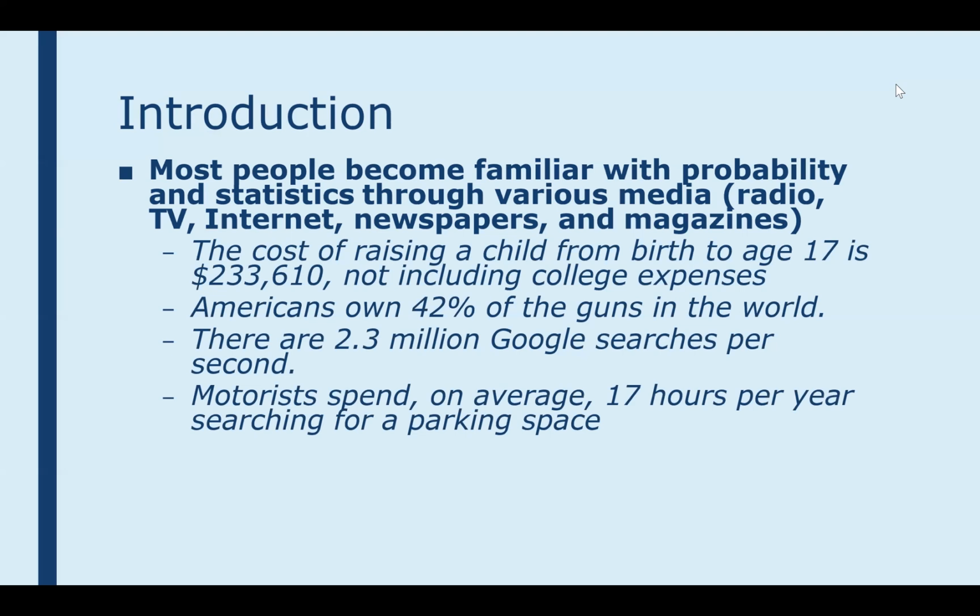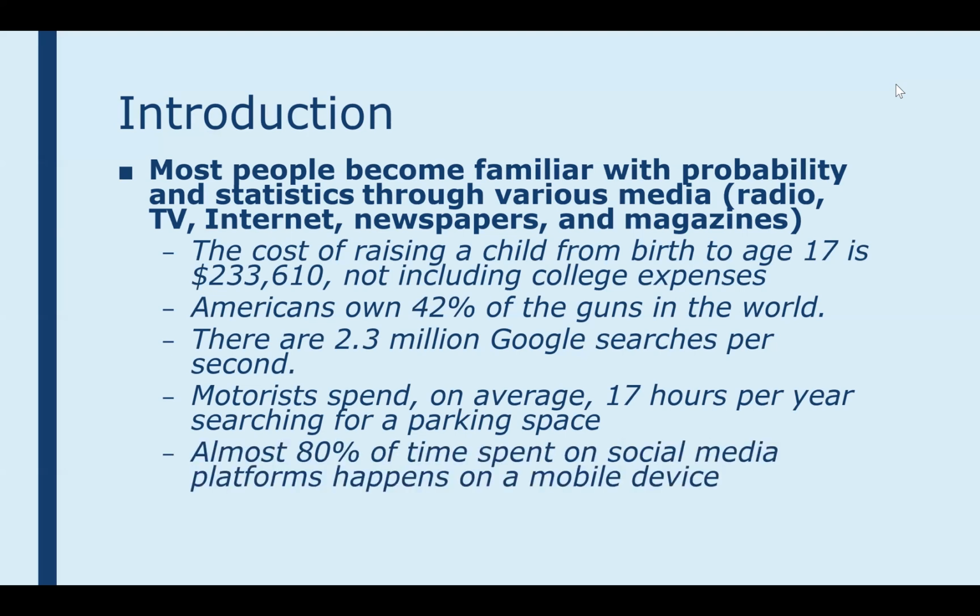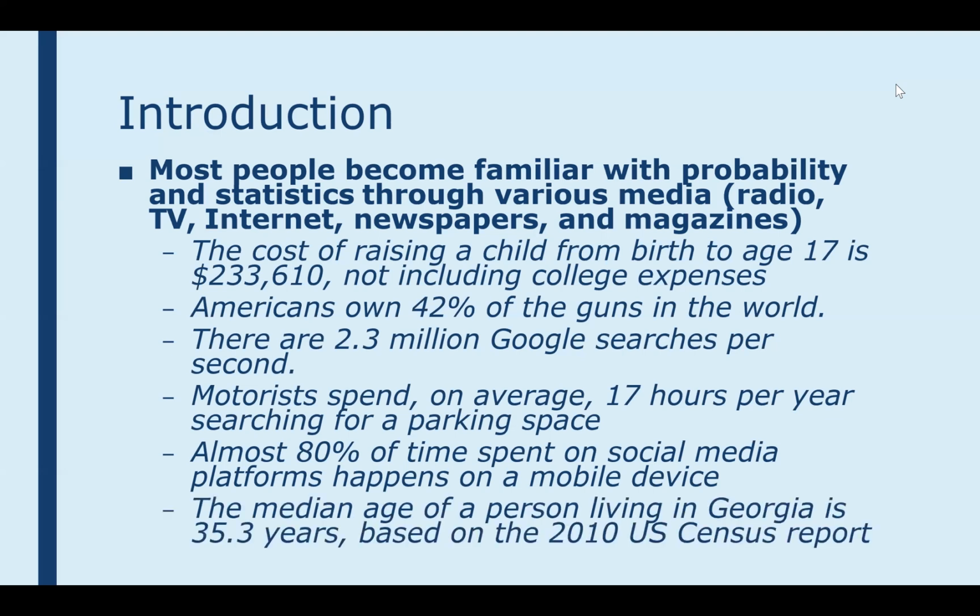Motorists spend on average 17 hours per year searching for a parking space. Almost 80% of the time spent on social media platforms happens on a mobile device. And the median age of a person living in Georgia is 35.5 years, which was based on the 2010 census.